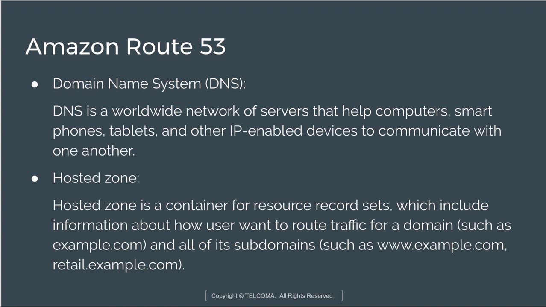For example, the hosted zone for telcoma.com includes a resource record set that has information about routing traffic to a web server according to IP address. And a resource record set has all the information about routing email for telcoma.com to mail servers.